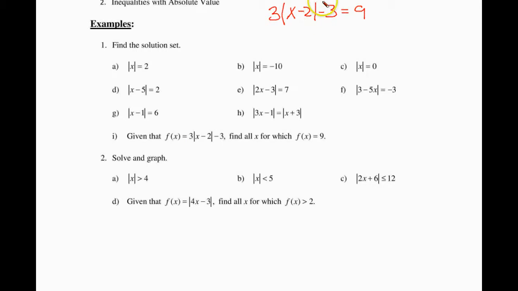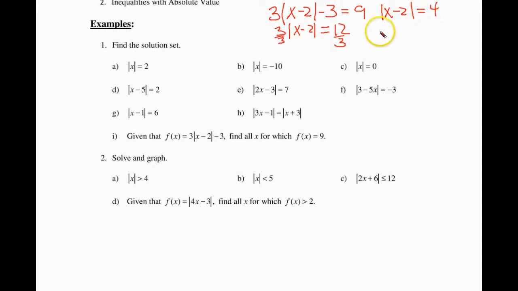So we're going to transpose this negative 3 here to the other side, and that'll give us a 12. And then we have x minus 2, like so. Now we're going to divide both sides by 3. And then we get x minus 2, the absolute value, is equal to 4.